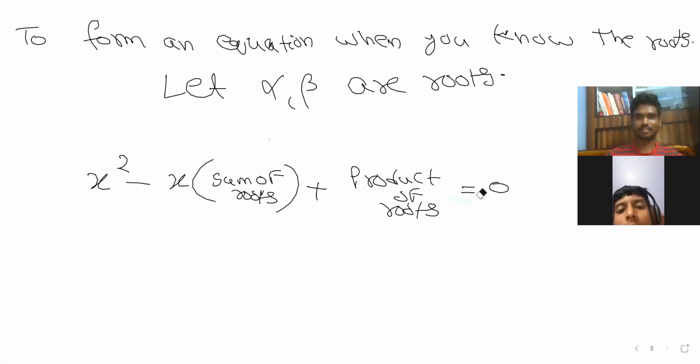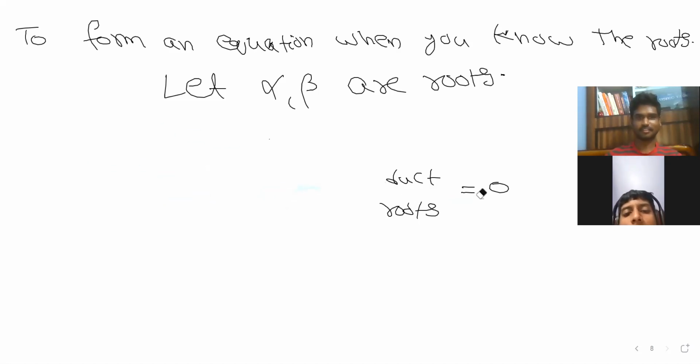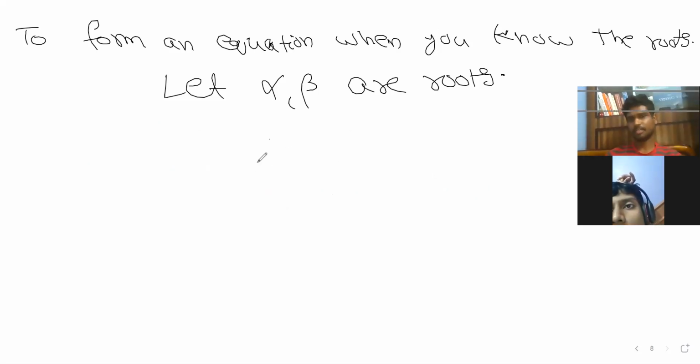Okay, first see. One thing is clear: first we found out the relation between the equation and the roots, the sum of the roots and the product of the roots. Now what we are doing is, when you know the roots, how to form the equation. First you told that if alpha, beta are the roots, then they are the factors.